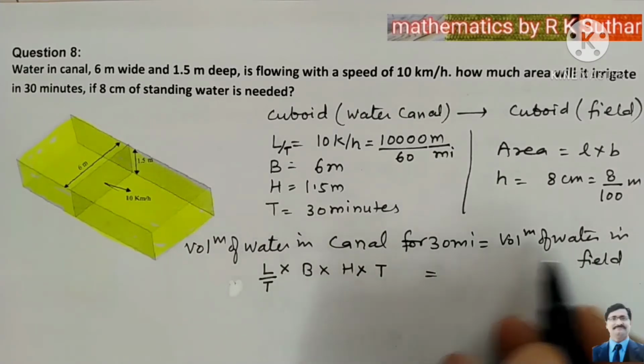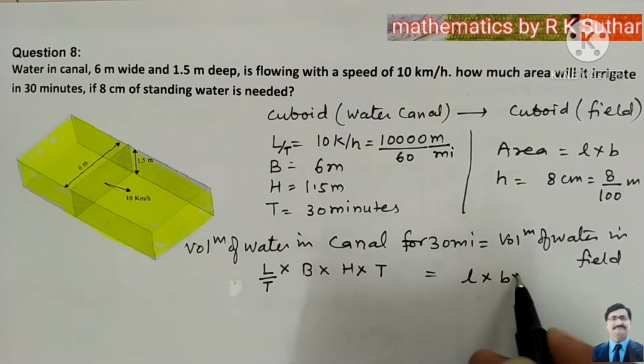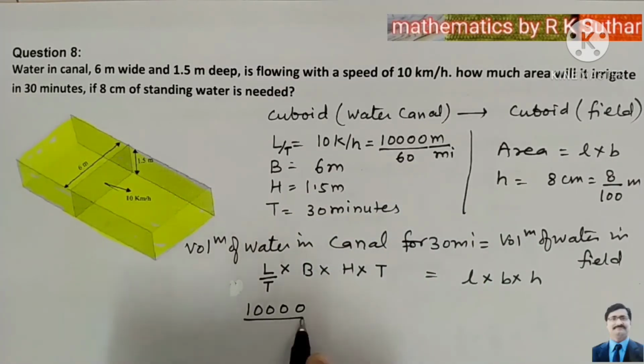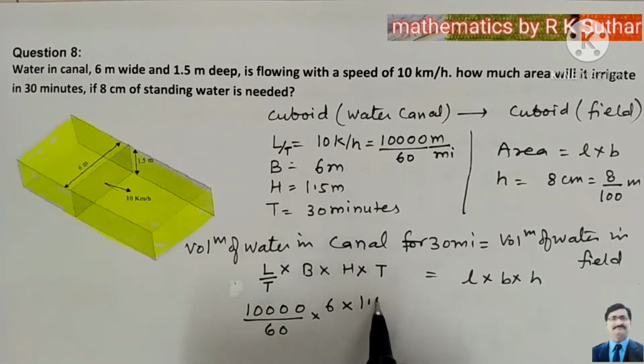And look here, this is volume of water in field, that is length into breadth into height. Look here, length upon time is given to us 10,000 upon 60. Okay, breadth is given to us 6 meter, and height is given 1.5 meter, and time is given 30 minute.